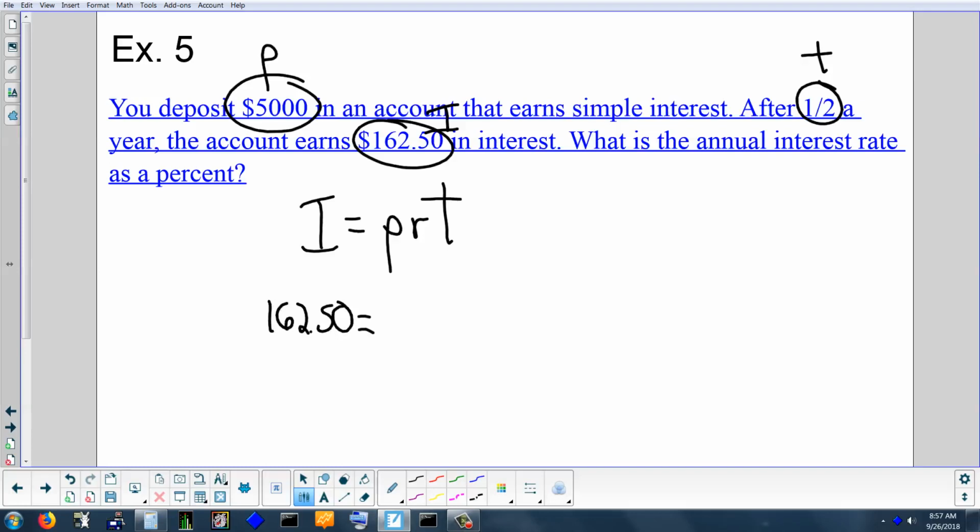What's the next thing I'm going to write? 5,000. That's my P, right? I already labeled it. So I've done the I, I've done the P. Now I'm at the R.